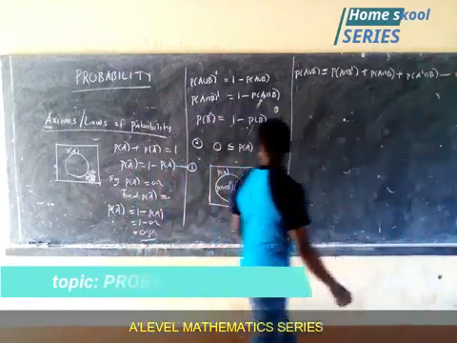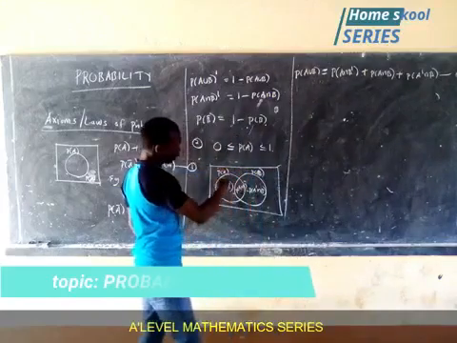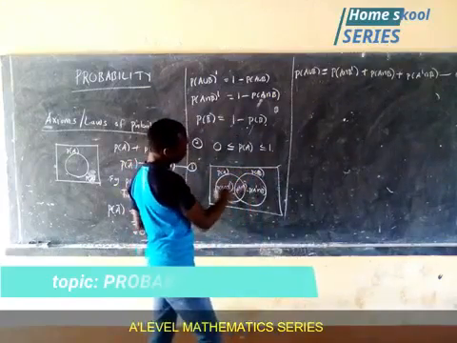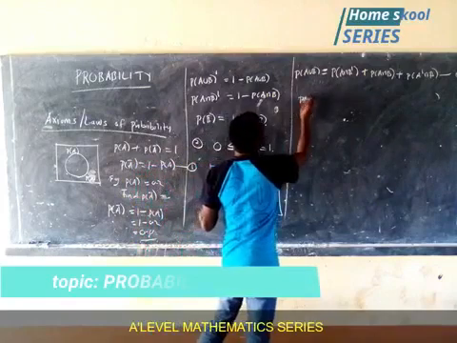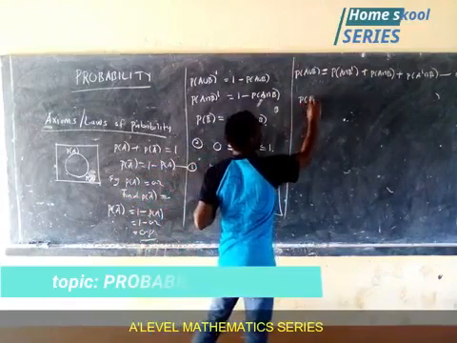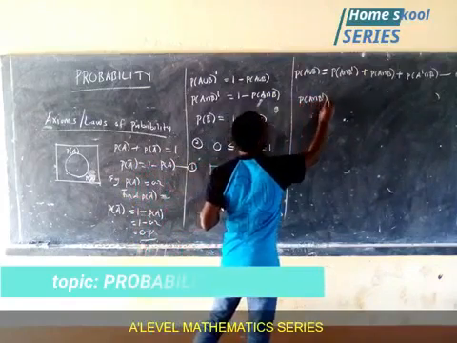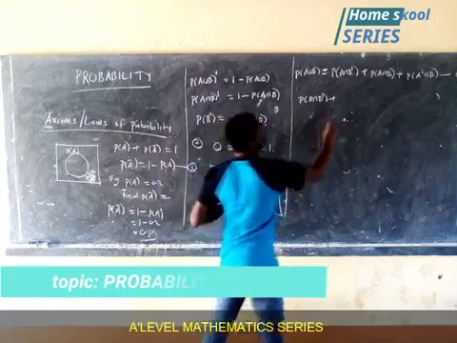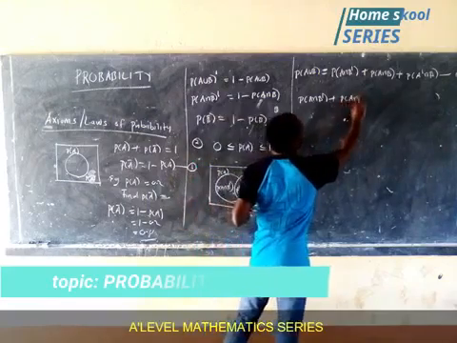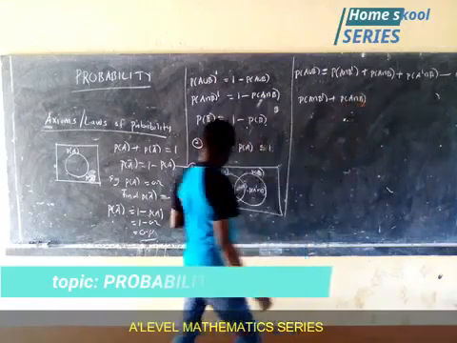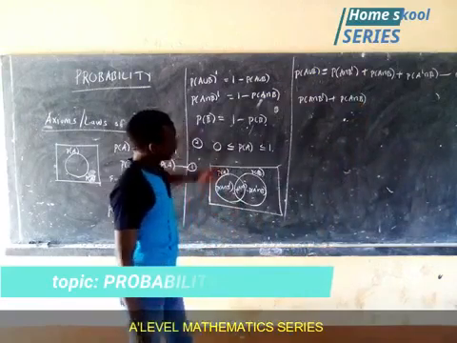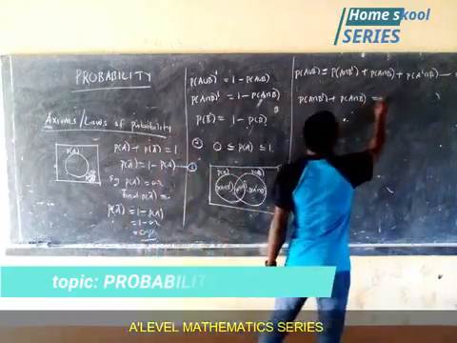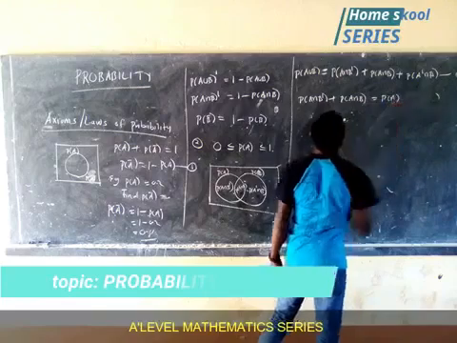If I consider this set alone, it implies the probability of A intersection B complement plus the probability of A intersection B. These two added will give us the probability of A.